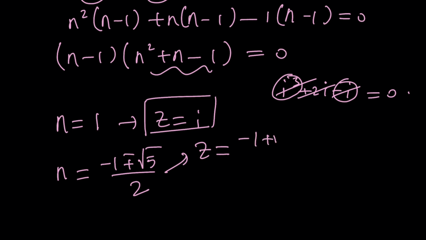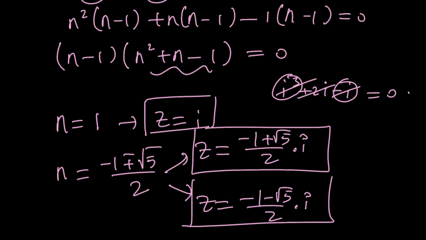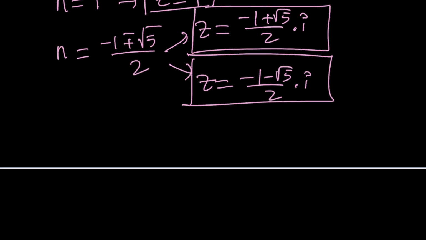Negative 1 plus root 5 over 2 multiplied by i. And then the third solution is negative 1 minus root 5 over 2 multiplied by i. So we have three solutions because this is a cubic equation. As you can see, all solutions are imaginary.